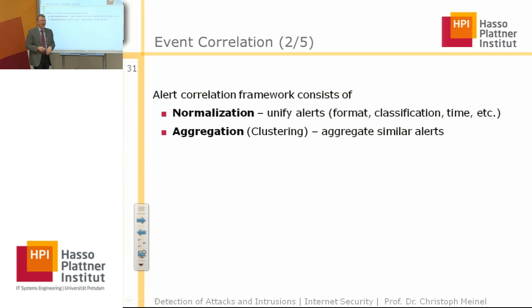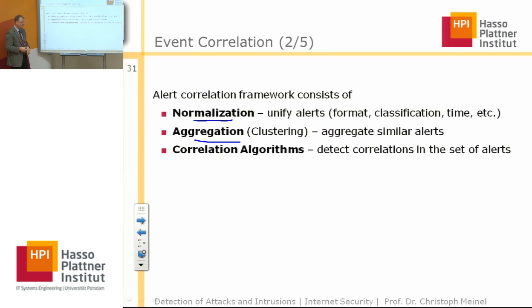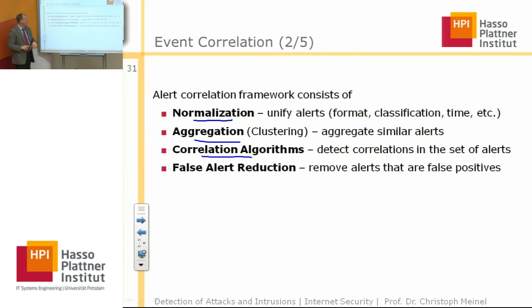Then the next step, a clustering, a so-called aggregation, is necessary to aggregate similar results. Then one has to find out whether these similar results form a complex attack scenario, and this is done by means of correlation algorithms: the correlation of a set of alerts to get more information about the attack.